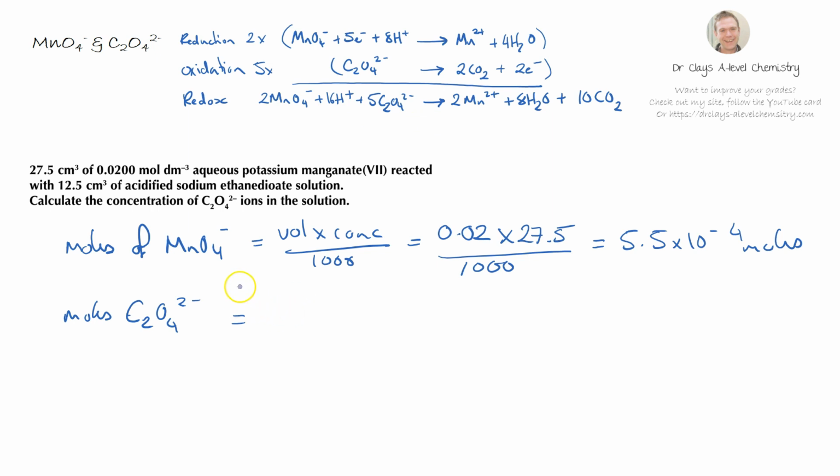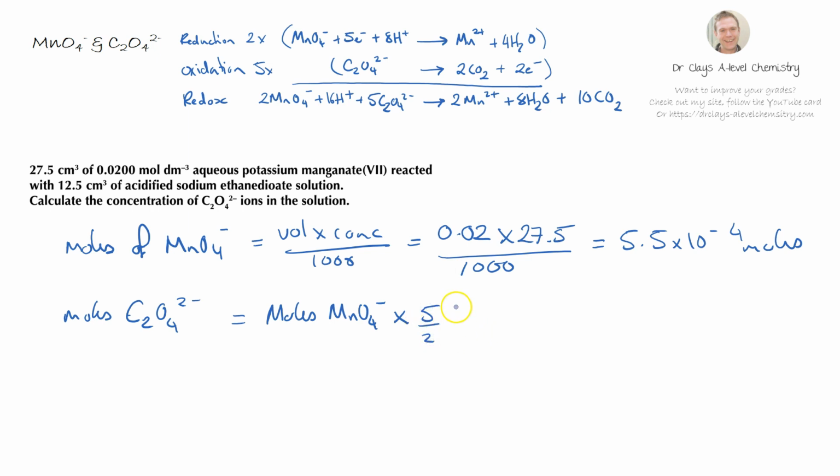And so the moles of C2O42- is equal to the moles of MnO4- multiplied by, in this case, 2 to 5, so it is either going to be multiplied by 5 over 2 or multiplied by 2.5, whatever you prefer.